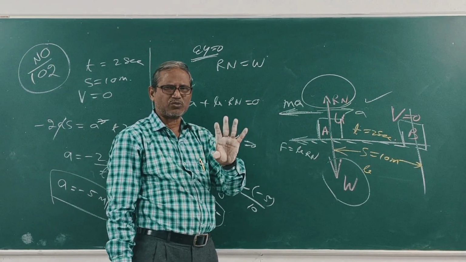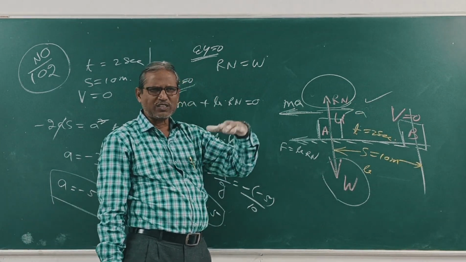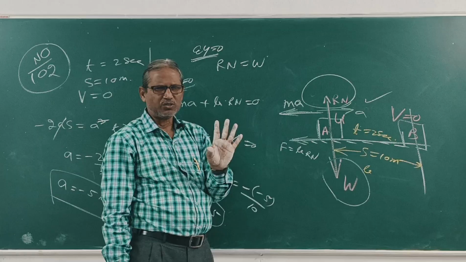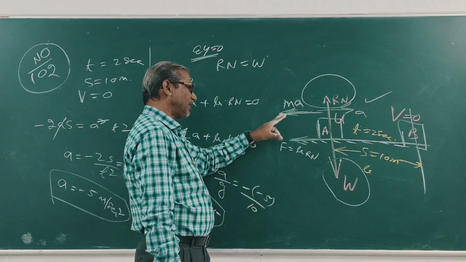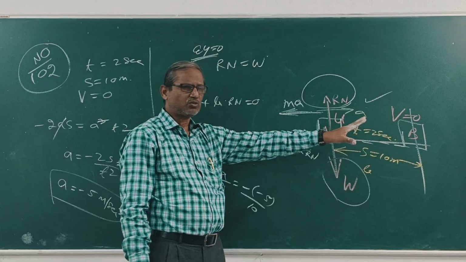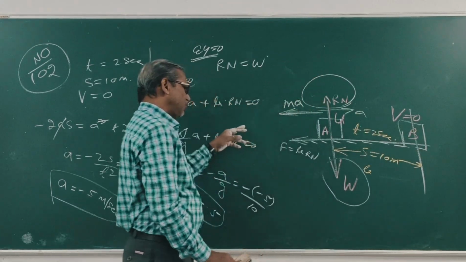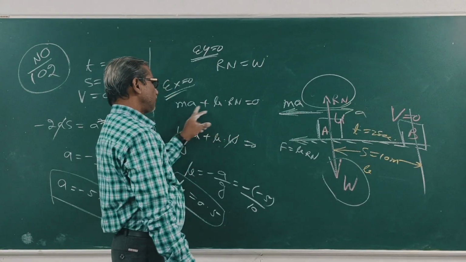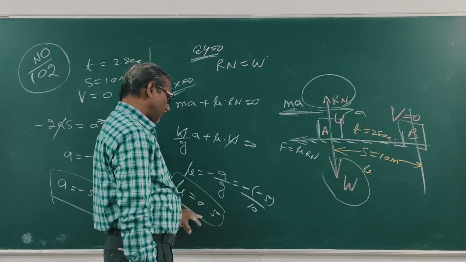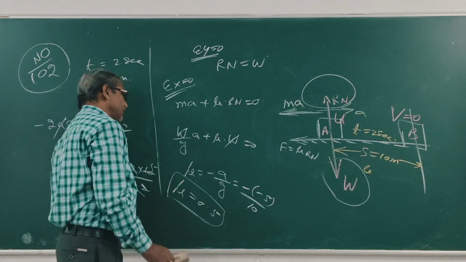Only a shows the direction of motion of the body. So we are equating ma plus mu Rn is equal to 0. Towards right side there is no force, so the answer towards right side is 0. From this we can find out mu is equal to 0.5. Clear? Next, question number 103.